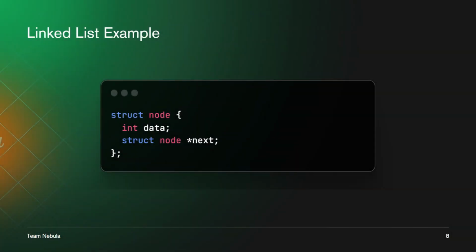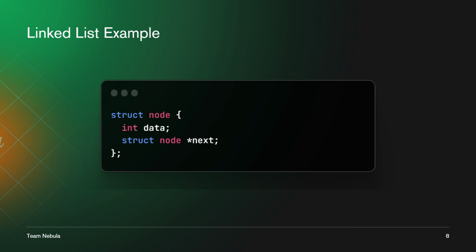Now, let's look at a specific example to get a clearer picture. Imagine we have a linked list with 3 nodes labeled as 1, 2, and 3. Each node has a structure that holds 2 things: its data, which is the number it carries, and next, which is the pointer to the next node.